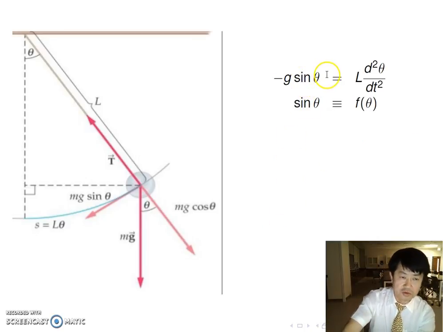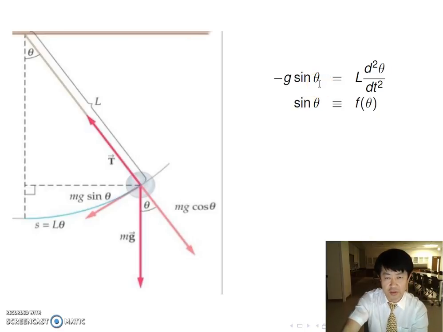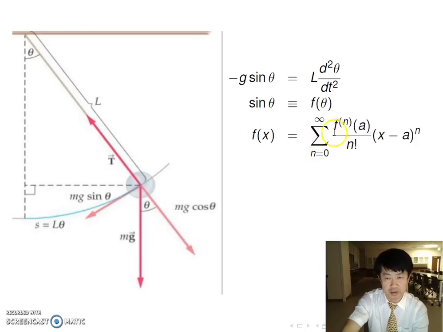To calculate sine theta, we replace it with an expansion using the Taylor expansion. Say sine theta is a certain function of theta. The Taylor expansion is given in this form. In the numerator, we have a derivative, evaluated at the certain point value we are interested in.